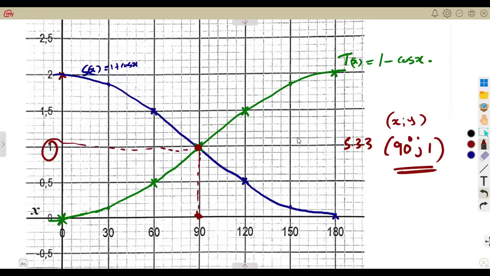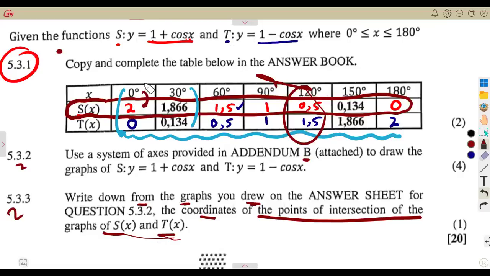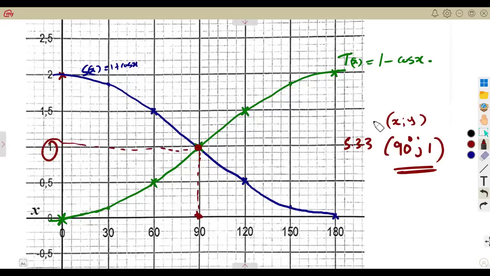Y is not in degrees, it is X which is in degrees, not Y. All right, so that is what you're supposed to have, and you must be very, very careful with your simplifications.